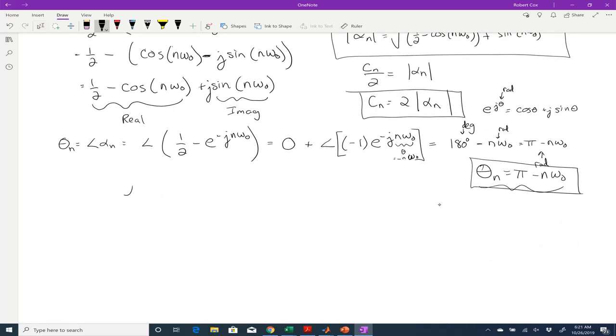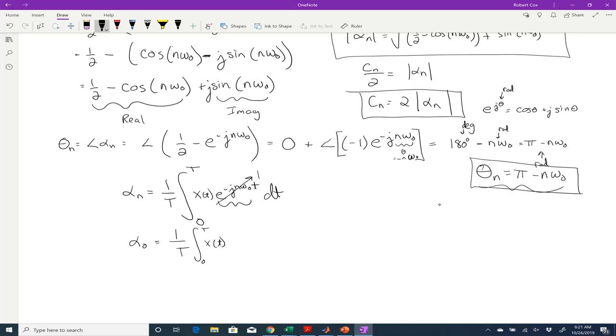So let's just go to the alpha n expressions for a second. So the alpha n expression is this integral over a period of x of t e to the negative j n omega naught t dt. Okay? If I look at alpha 0, in other words, I plug in n equal to 0. Well, plugging in n equal to 0 makes this exponential term basically become 1, right?